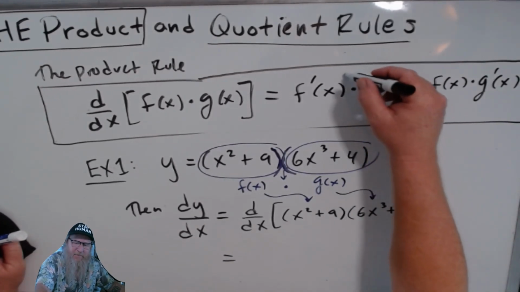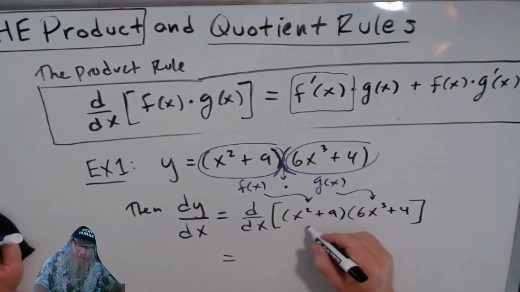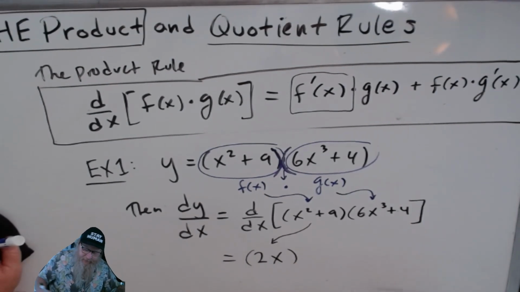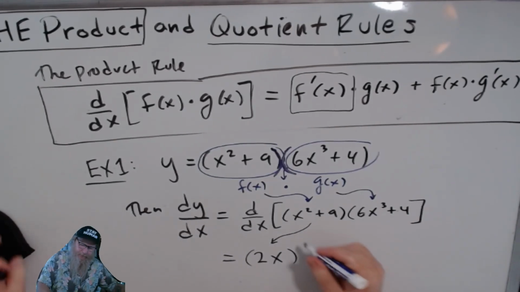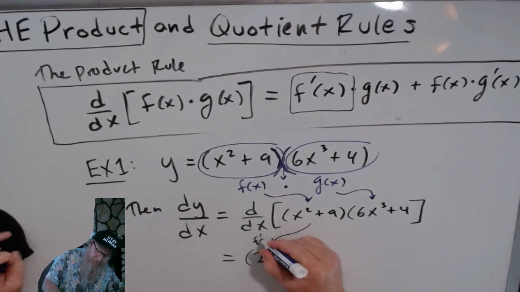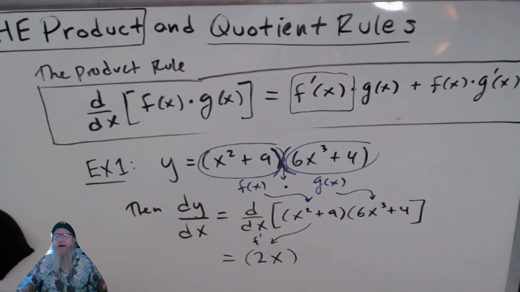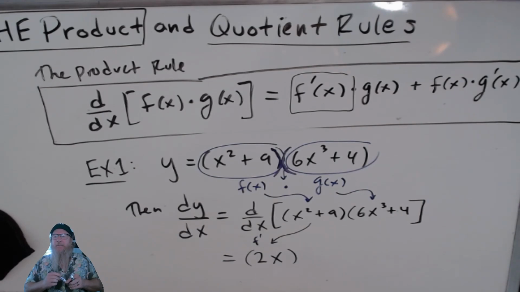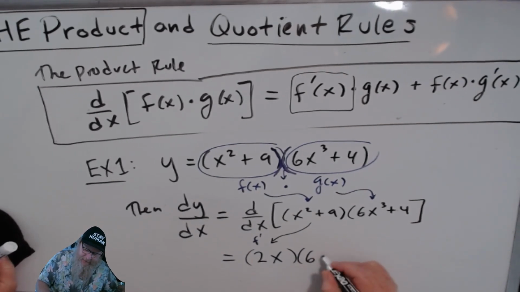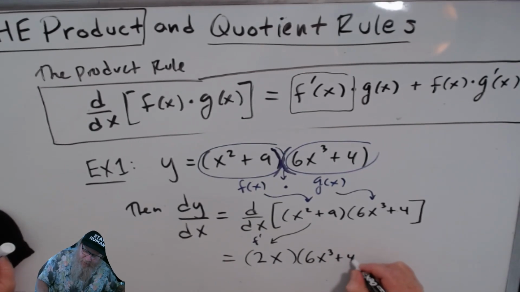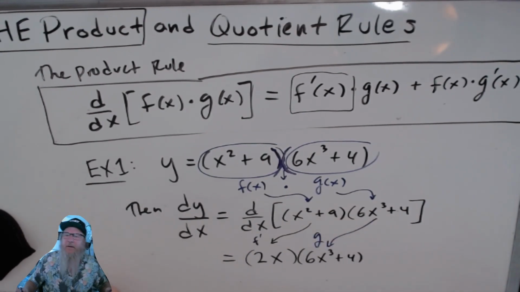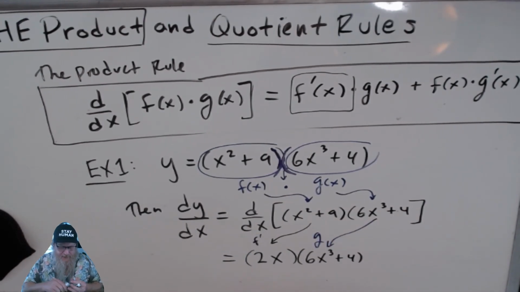So first we do f prime. That'll be 2x. That's f prime. I'm just going to write f prime, not the whole of x. And then we do g, 6x cubed plus 4. Plus.